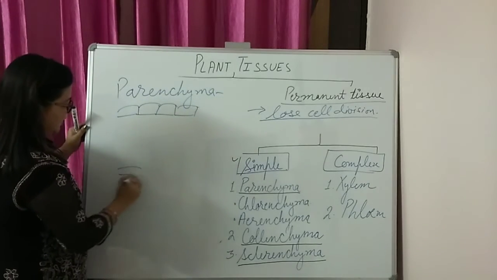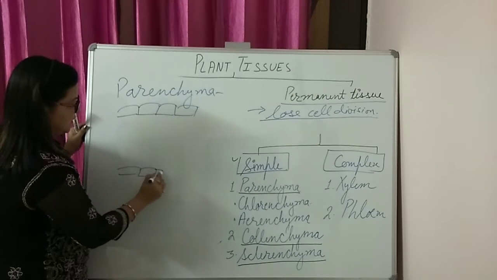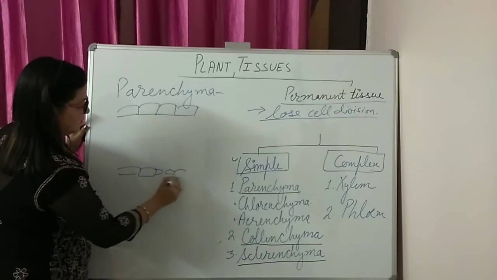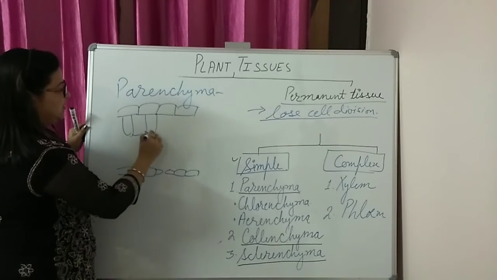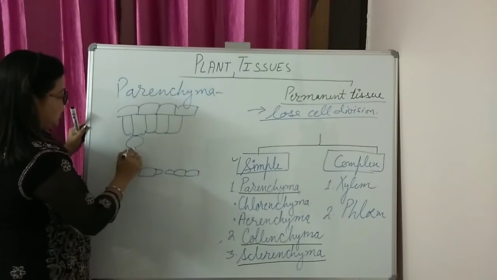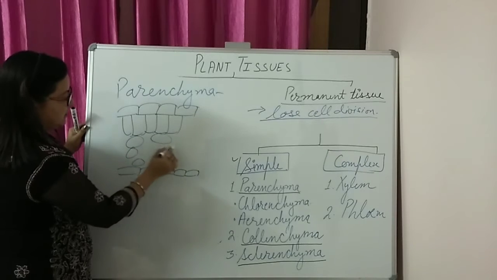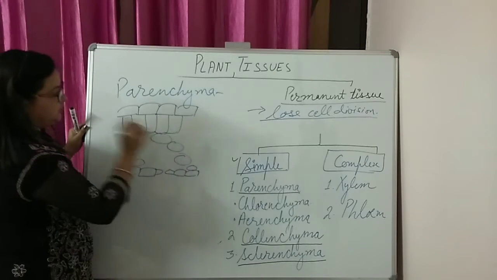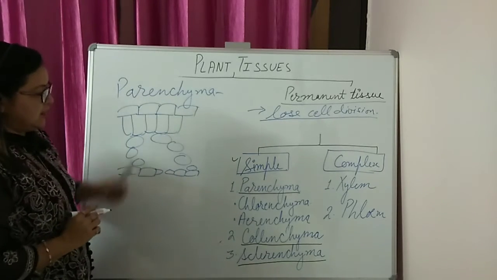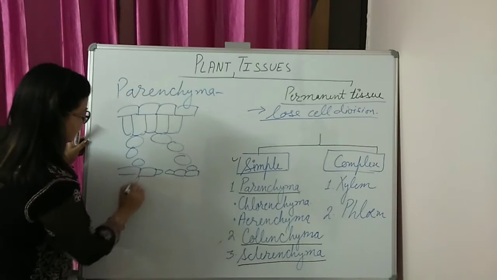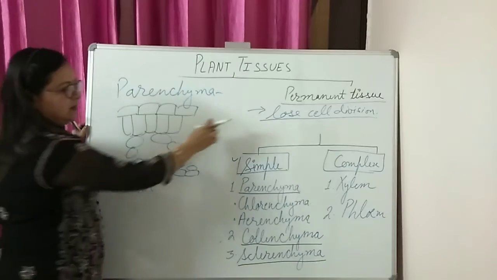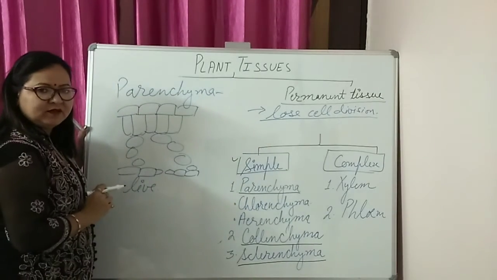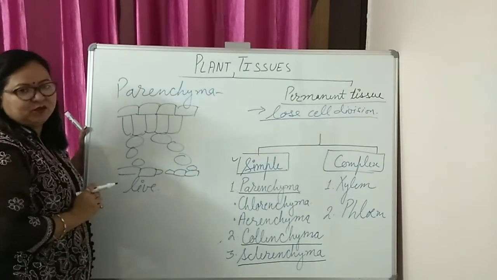This is showing the epidermis of the leaf, and the maximum packaging tissue below the epidermis is parenchyma. Parenchymatous cells, first point: they are living cells. Definitely they do not have the power of cell division. Their main function is storage of food.